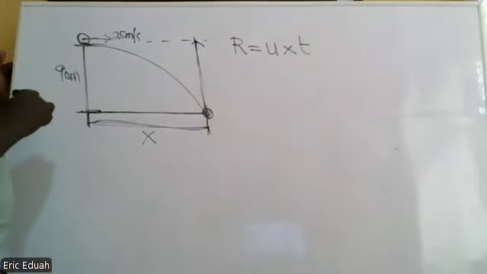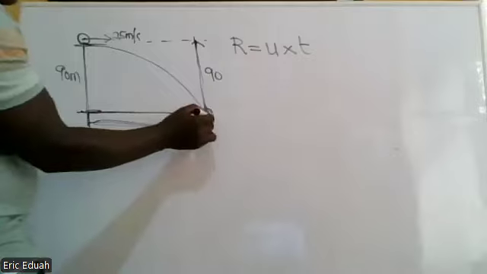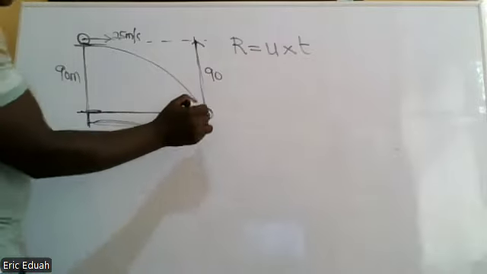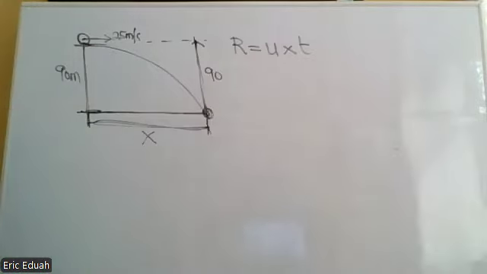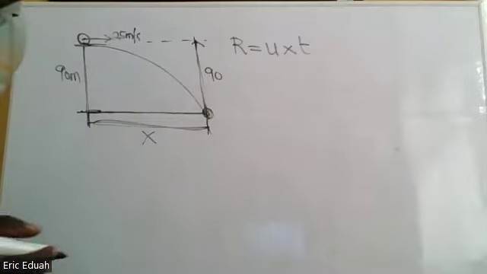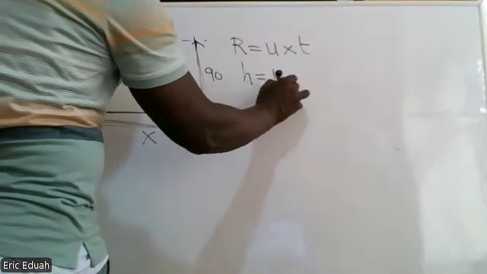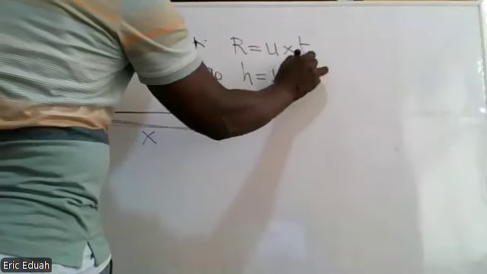Note if the height of the tower is 90, this distance will also be 90. It's vertical. The vertical displacement of the body at this point will also be 90. And we just learned that for any vertical height, h is equal to half g t squared.